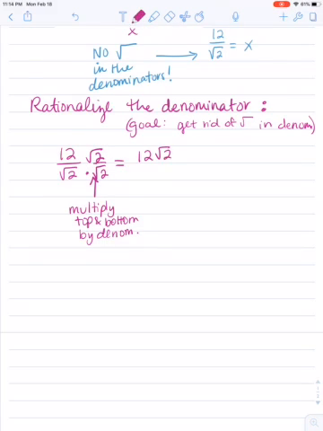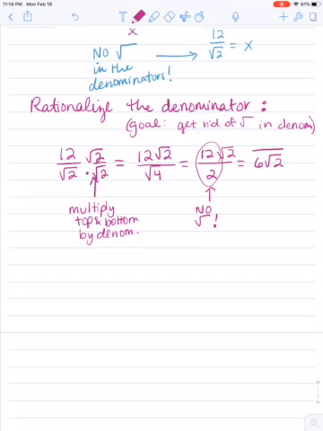That becomes 12 square root of 2 on the top. And on the bottom, here's what's going to happen. This is going to be square root of 4 because 2 times 2 is 4. But it's a square root of 4, which is in fact just 2. So on the bottom, you can see, oh look, I've gotten rid of the square root, right? Look, no radicals. So that's the whole point. And then I simplify by dividing this 12 and 2 to get 6 square root of 2.